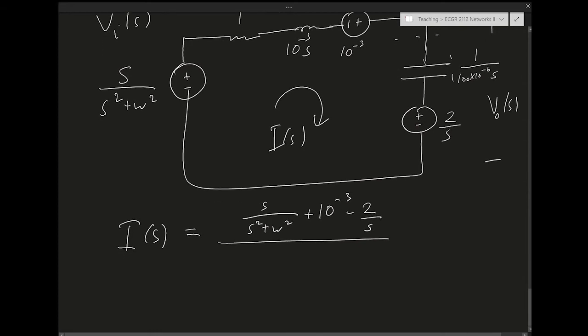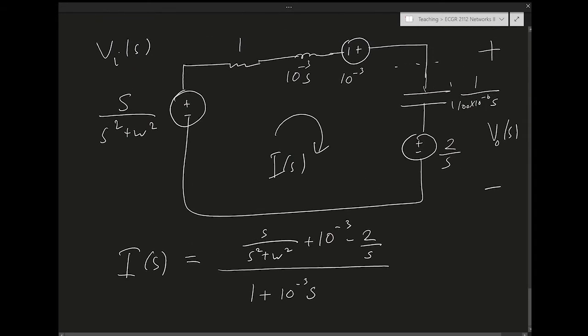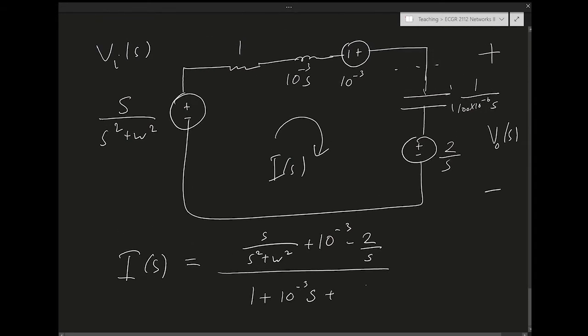And then divide that by the total impedance, which is 1 plus 10 to the power minus 3 S plus 1 over 100 times 10 to the power minus 6, which is going to be 10 to the power 2 minus 6, 10 to the power minus 4 S.